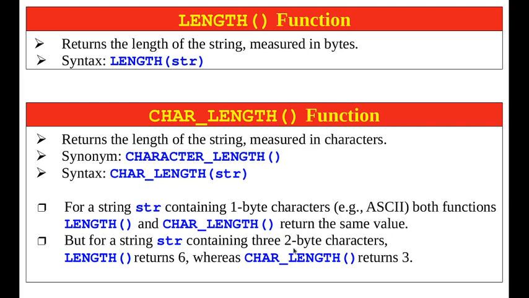If 3 2-byte characters we are using, then length will return 6. Why? Because 3 into 2 is 6, but char length returns 3 as we are using 3 characters. Let's see.